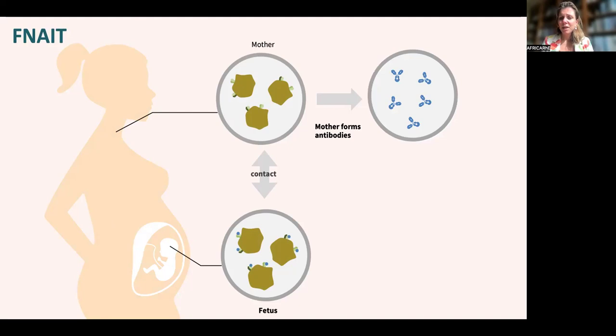In FNAIT, it may lead to intracranial hemorrhage, and FNAIT is defined as fetal or neonatal thrombocytopenia because of this process. Although FNAIT and HDFN have similarities, there might also be a very important difference. We will come back to that later.